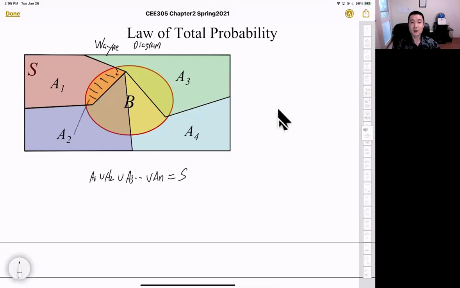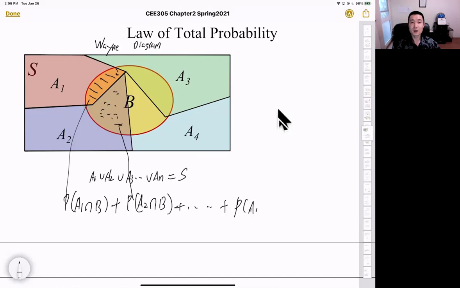This area will be A2 and B. So the probability of A1 and B plus the probability of A2 and B, and so on, plus the last one, P(AN and B).